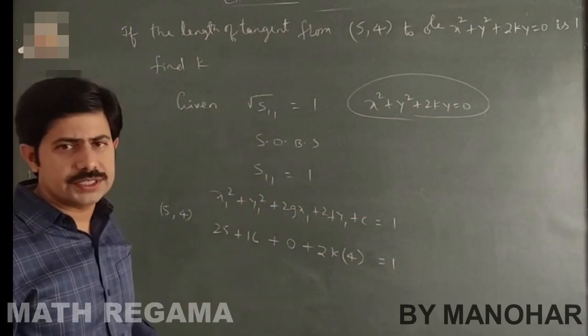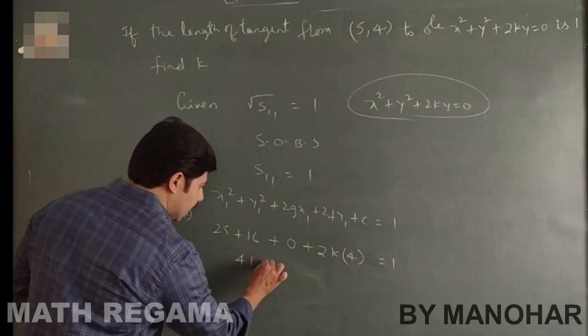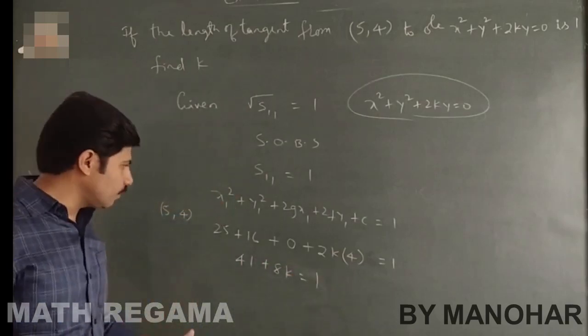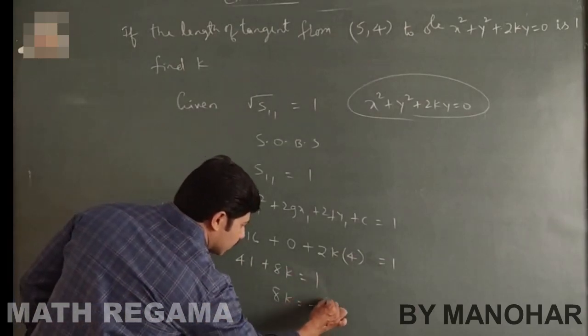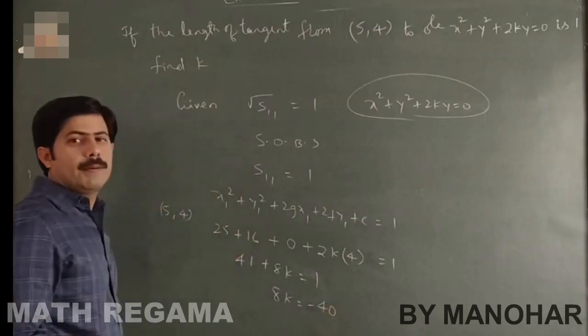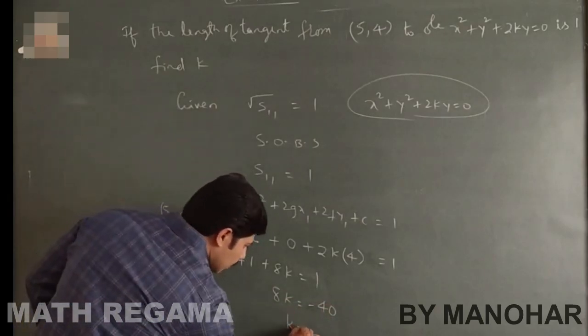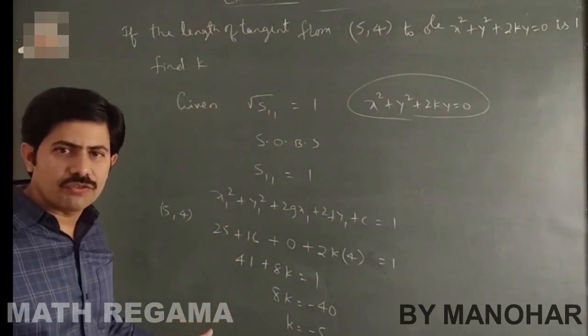So now we get 41 + 8k = 1. 25 plus 16 is 41. So 8k is minus 40. Then k is minus 40 by 8, so the k value is minus 5.